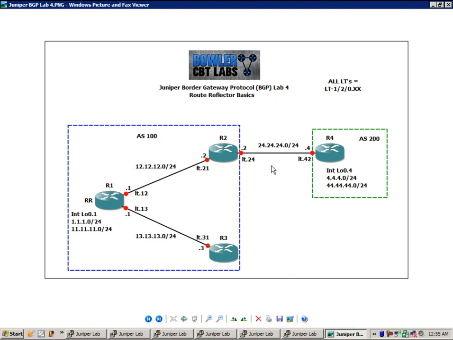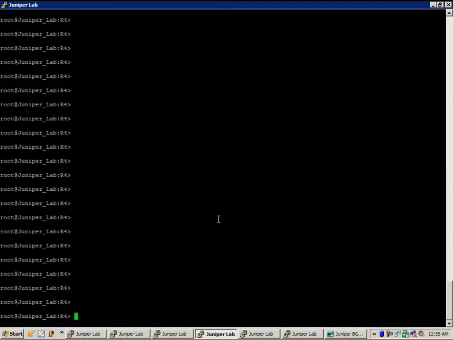So now that I've explained in detail what we are doing in this lab and the network that we have running, let's go ahead and get into our devices. We'll go to router 1. Actually, let's go to router 4 first. And let's just do a show BGP summary.